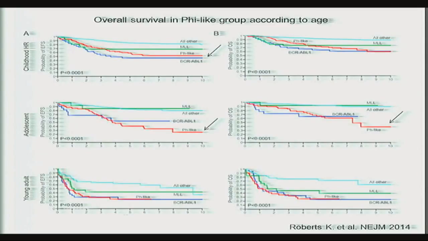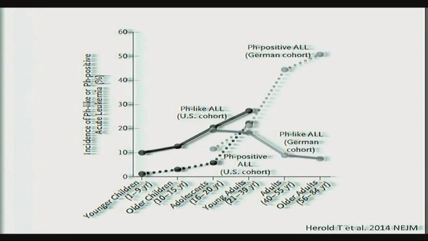And this Phi-like or BCR-ABL-like group has really a poor outcome. And unfortunately, this is something interesting, especially for adult hematologists, and also for pediatric hematologists, because the frequency of this disease is very low among small pediatric children.